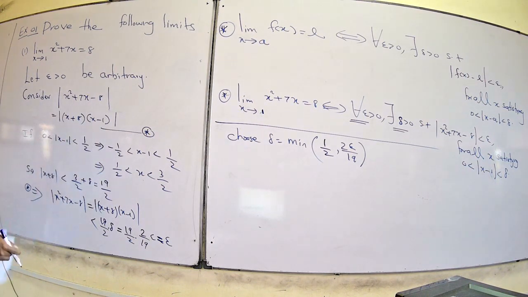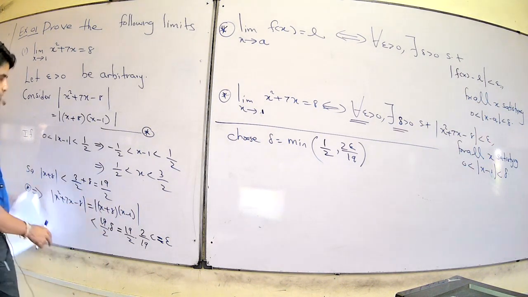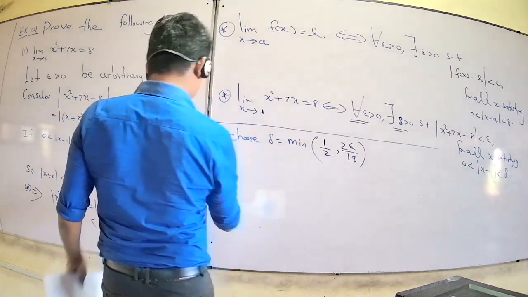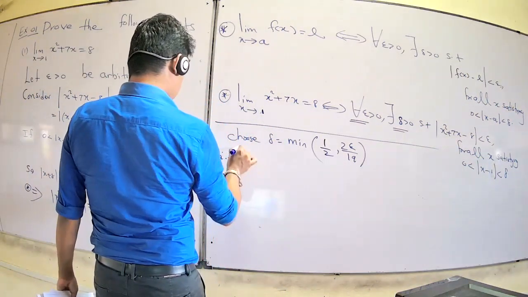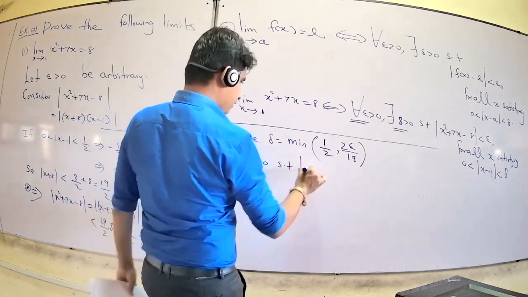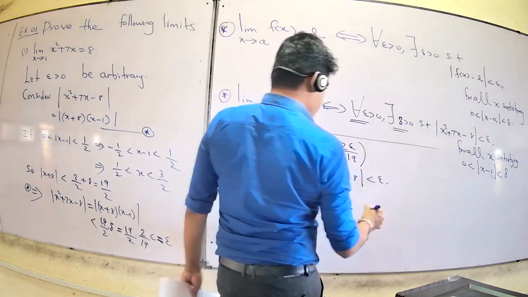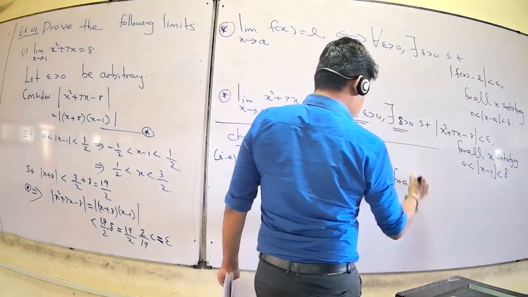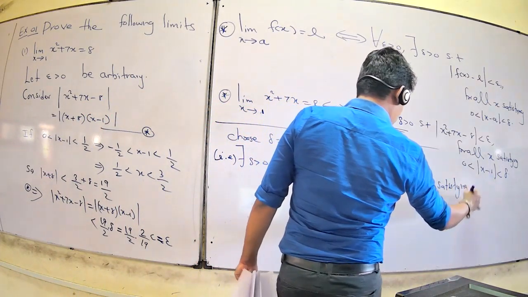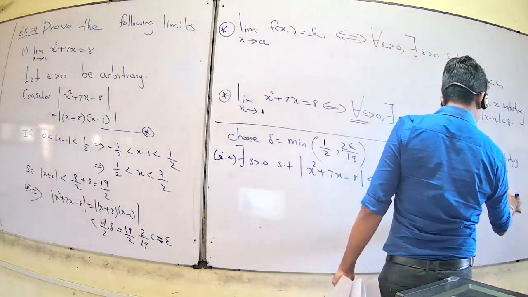Now we prove that modulus of x squared plus 7x minus 8 is less than epsilon. That is, there exists delta greater than 0 such that modulus of x squared plus 7x minus 8 is less than epsilon for all x satisfying 0 less than modulus of x minus 1 less than delta.